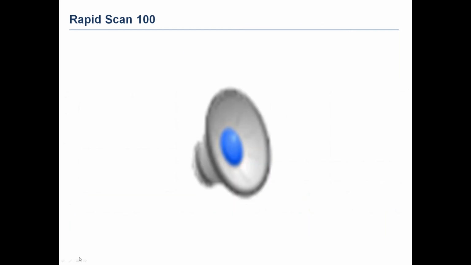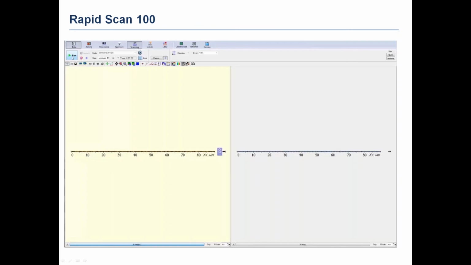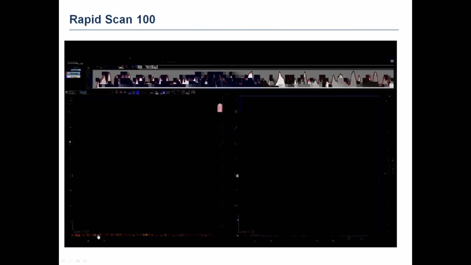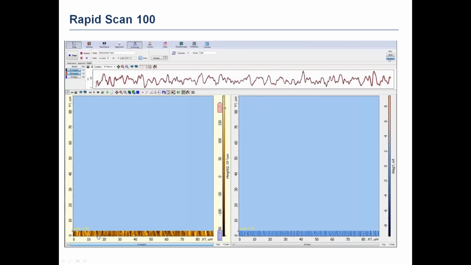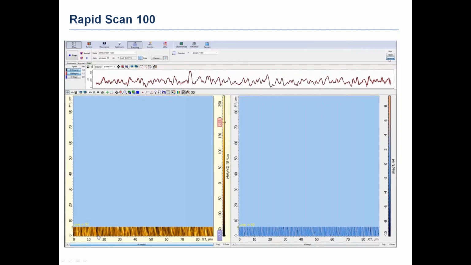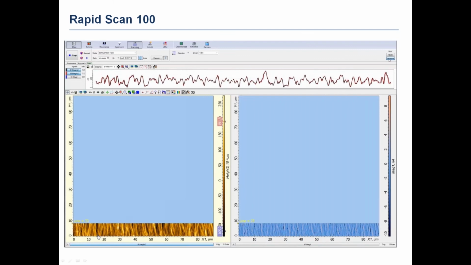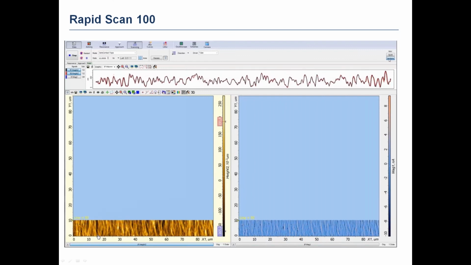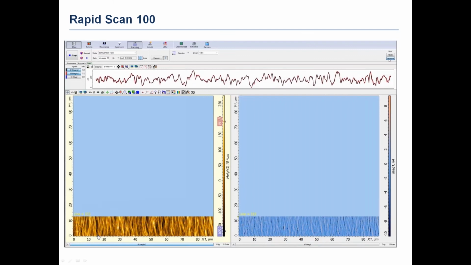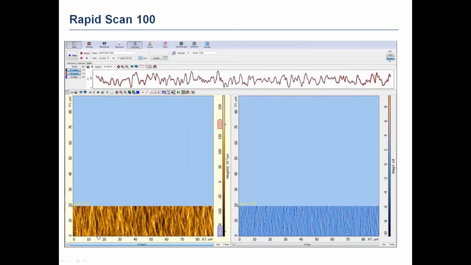Then, keeping the same scanning range of 90 by 90 microns, it is possible to scan not just atomically flat surfaces but also rough surfaces, like the collagen surface in this example, with a scan speed of about 10 lines per second.